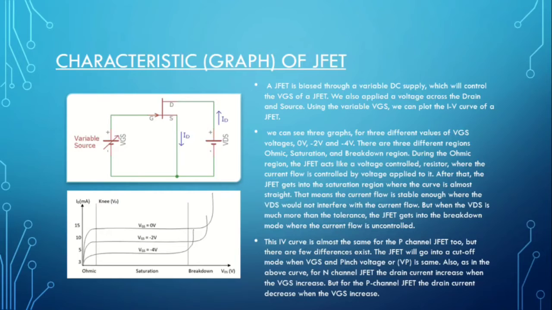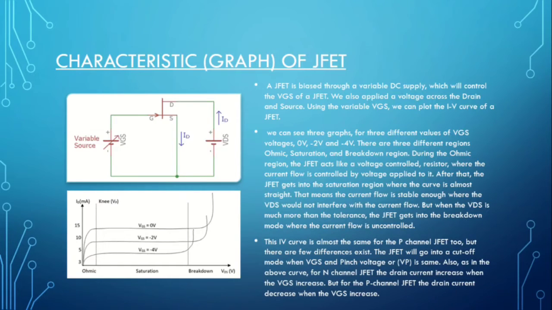During the ohmic region, the JFET acts like a voltage-controlled resistor where the current flow is controlled by the voltage applied to it. After that, the JFET gets into the saturation region where the curve is almost straight. That means the current flow is stable enough where the VDS will not interfere with the current flow.